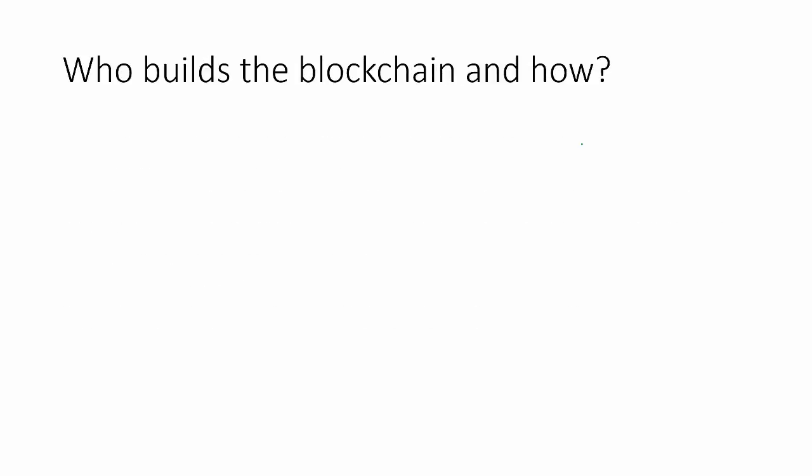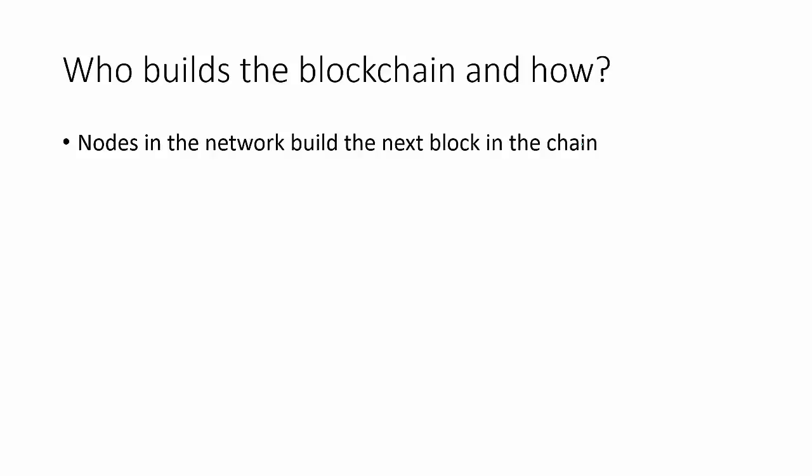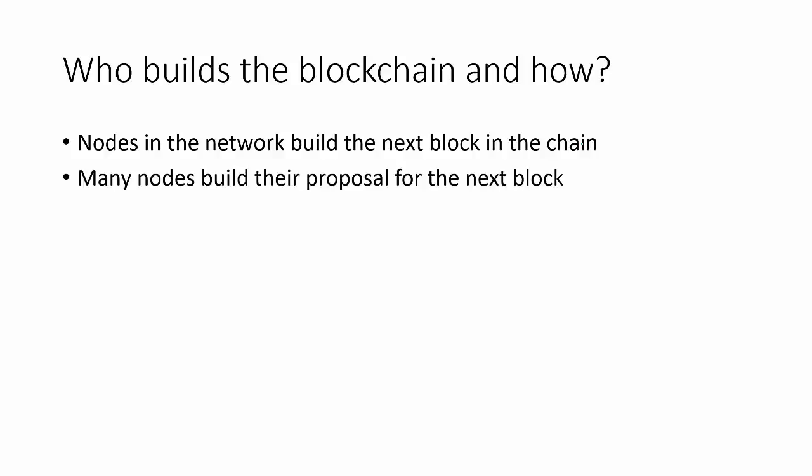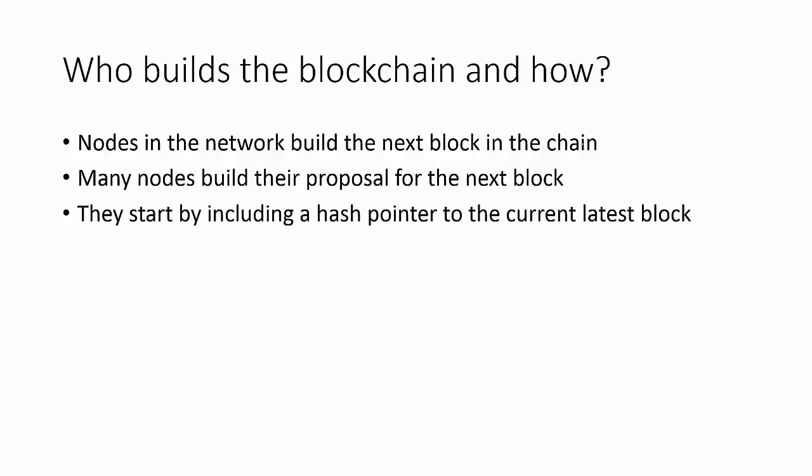So who builds this blockchain or the blocks, and how? Well, nodes in the network build the next block. They each build their own proposal for the next block. These do not need to be identical. Most often they are not. The first thing they include is the pointer to and the hash of the current latest block in the chain.